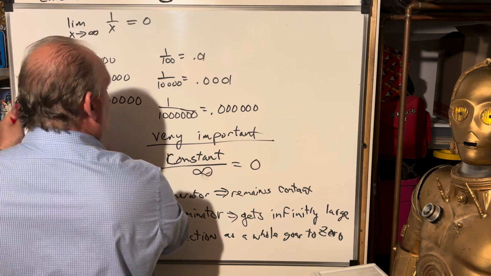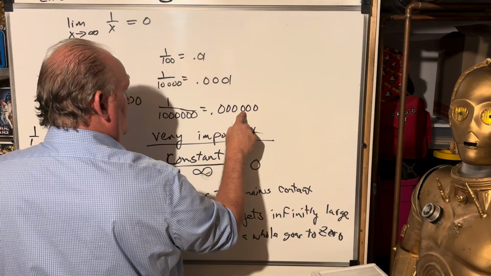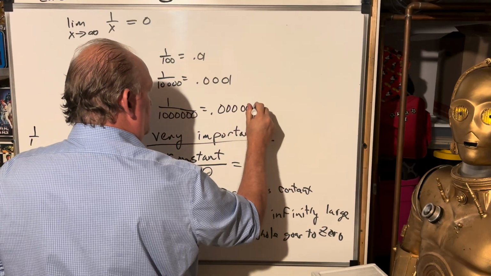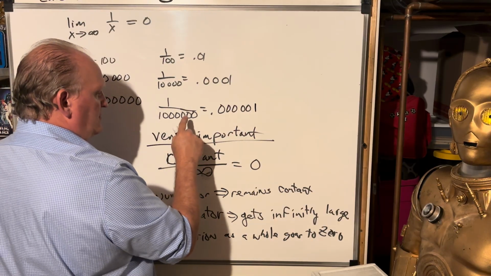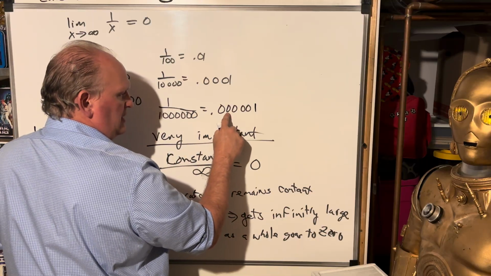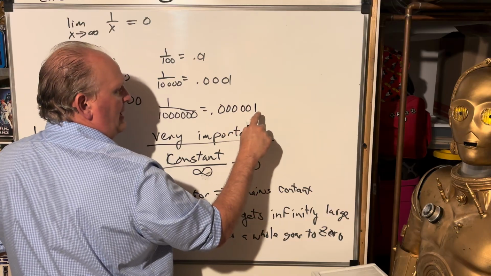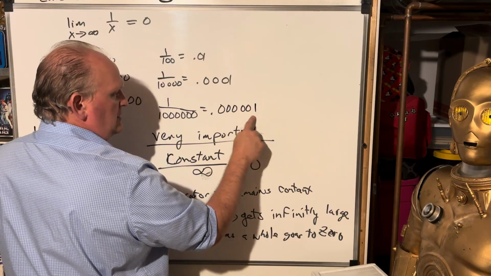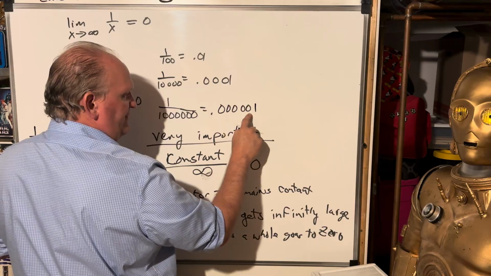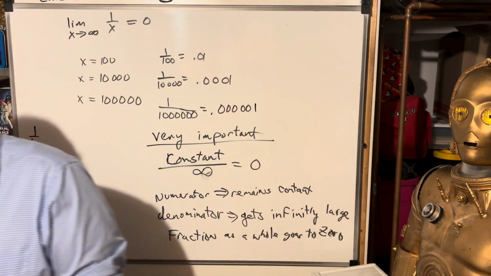All right, so 1 million should just be 1, 2, 3, 4, 5, 6. We should always be able to read this aloud. So this is 1 millionth. This is tenths, hundredths, thousandths, 10,000ths, 100,000ths, millionths. So there should only be 5 zeros there. Point, and then 5 zeros, and then a 1. Still really close to 0.